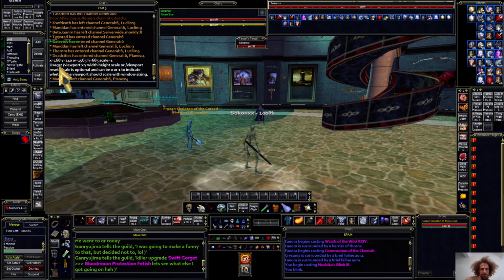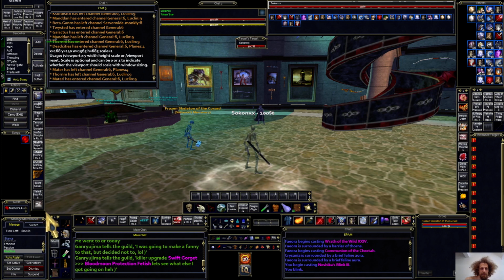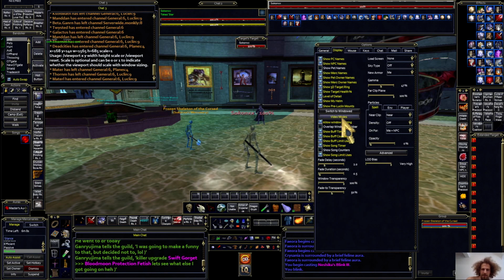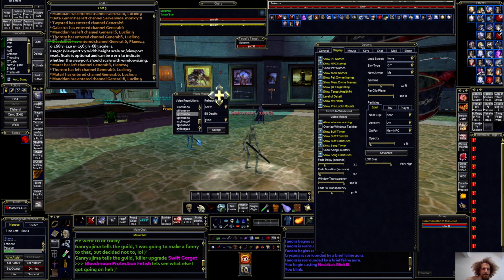So for example, right now, my numbers are: on the X axis, the bottom left, right above my mercenary window where my screen starts, is at the 168th pixel. My screen resolution, let me just double check, is 1920 by 1080.